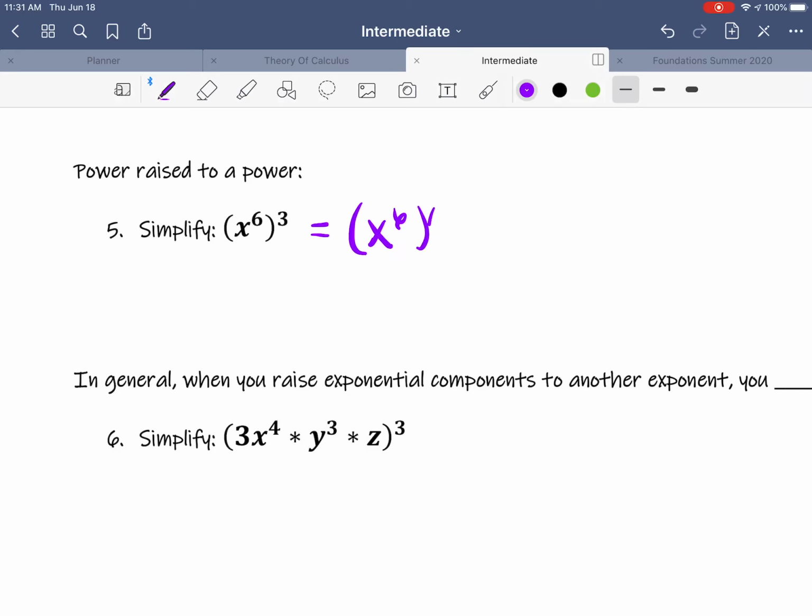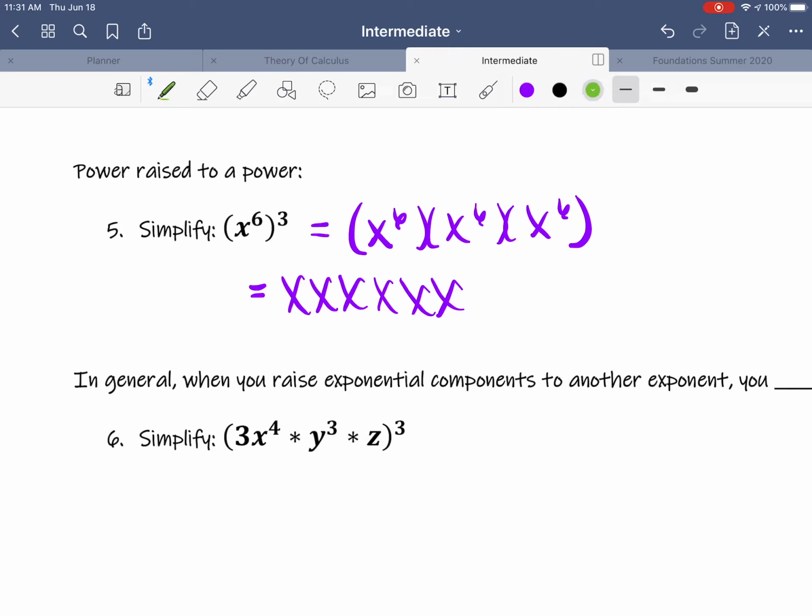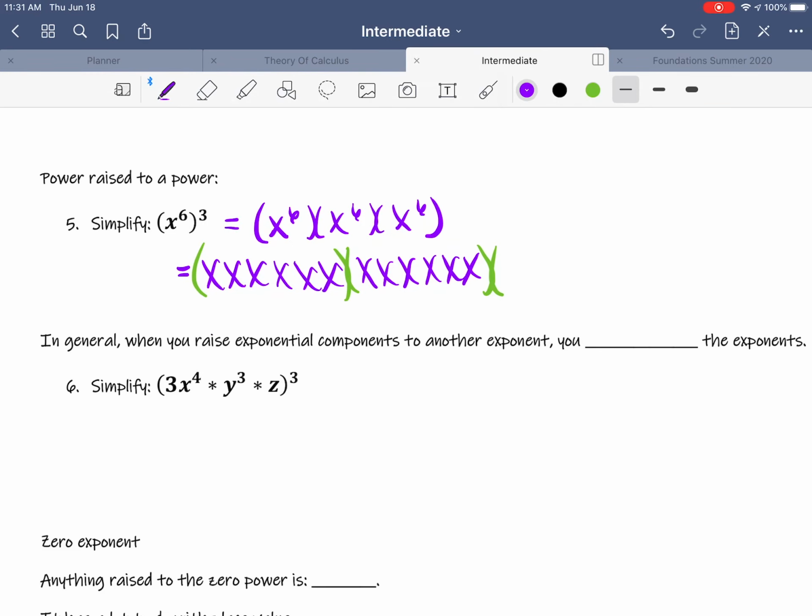So that means that it's x to the 6th 3 times, by definition. And then even further than that, x to the 6th, 1, 2, 3, 4, 5, 6. There's another one. 1, 2, 3, 4, 5, 6. And another one. It's a little tedious.